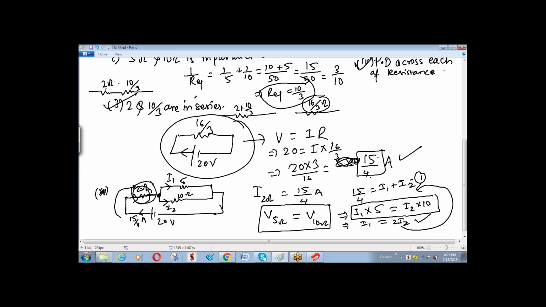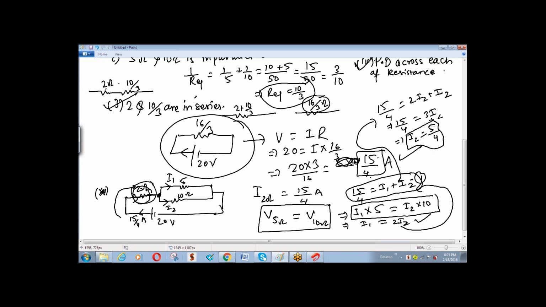So if you place it here, this will become 15 by 4 is equal to 2I2 plus I2, right? So this will be 15 by 4 is equal to 3I2, which will give me I2 is equal to 5 by 4. Is it okay? Agree? Yes, sir. Okay. So you got I2. Similarly, you can get I1 also, because you already told I1 is equal to 2I2. So that will be 10 by 4.